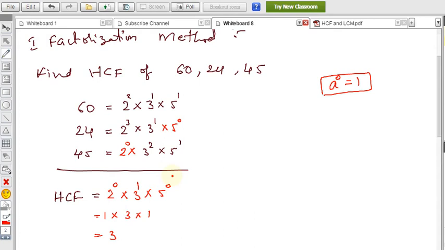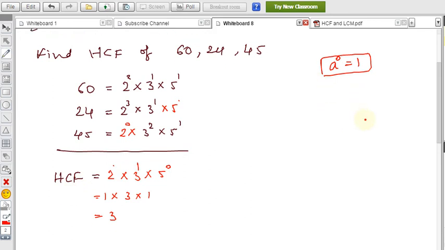Let us see the division method. We'll do the same question in the division method. The division method is a shortcut method.